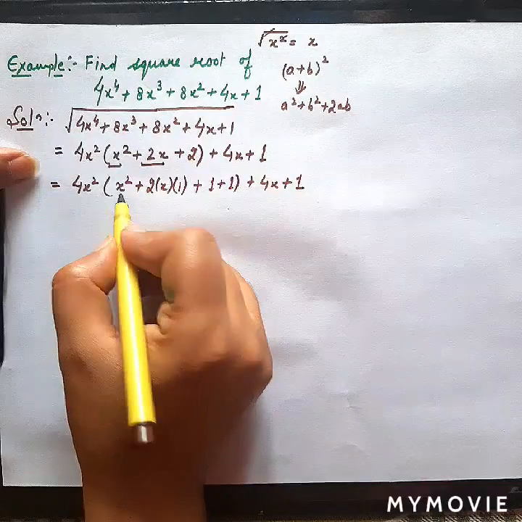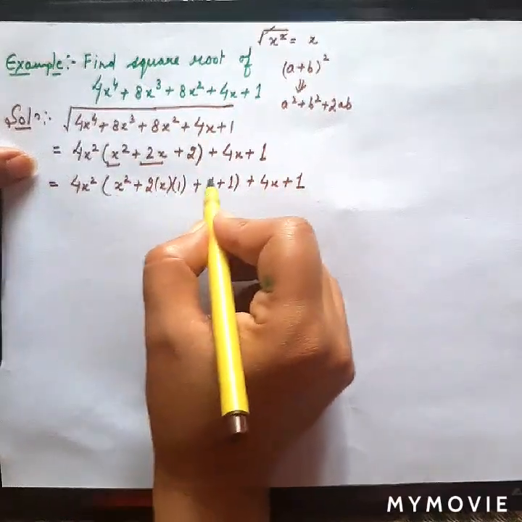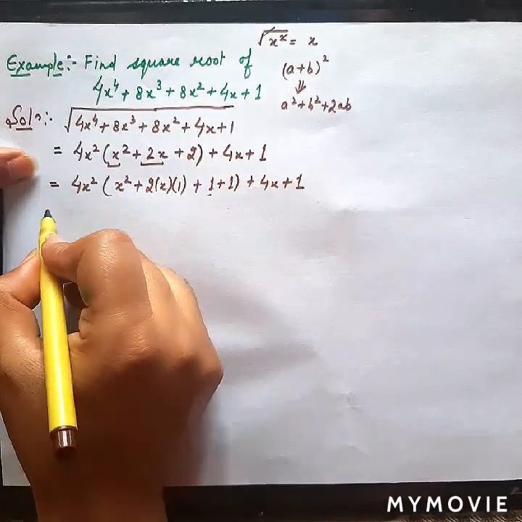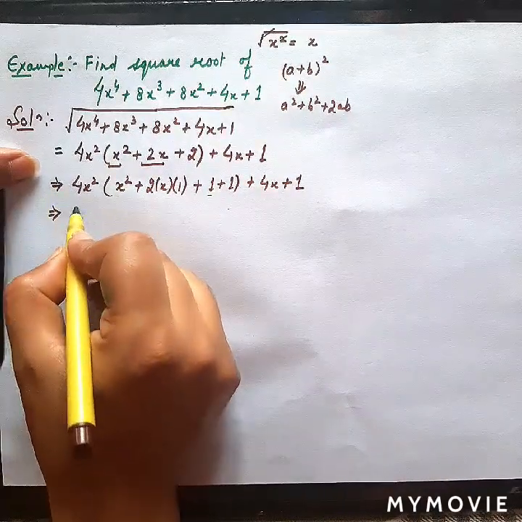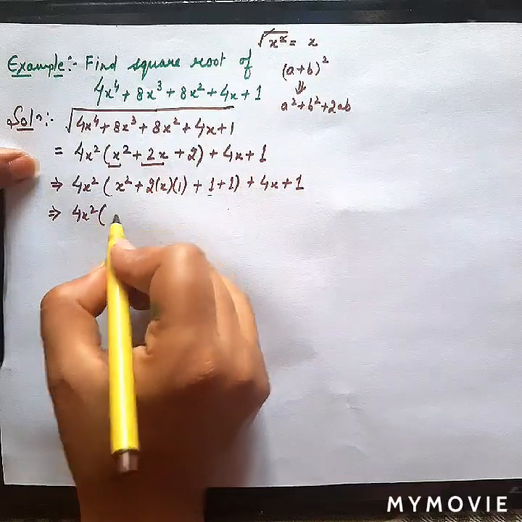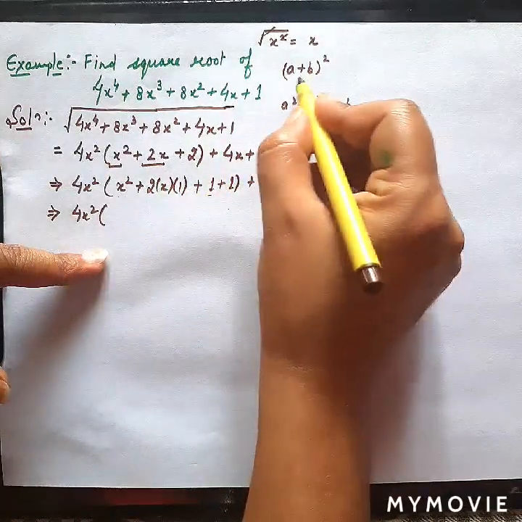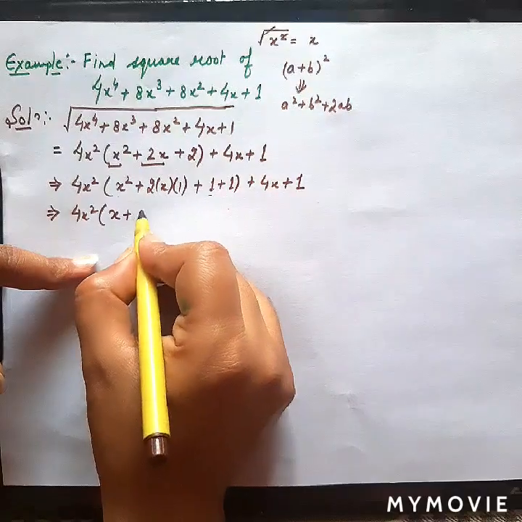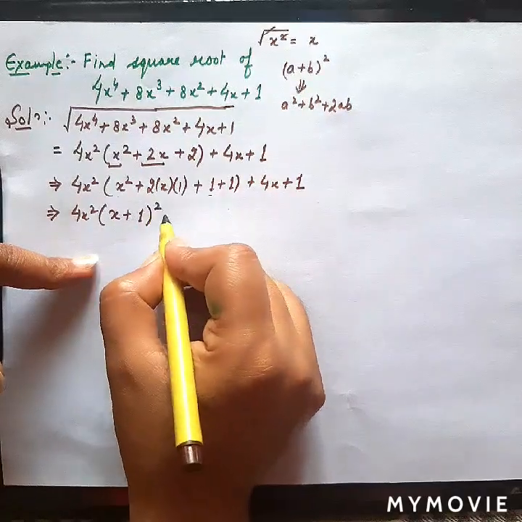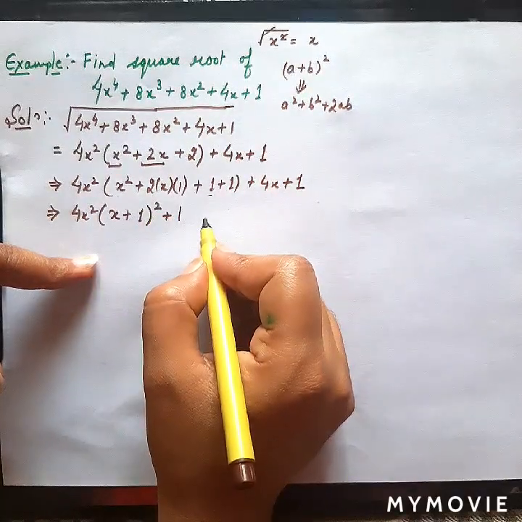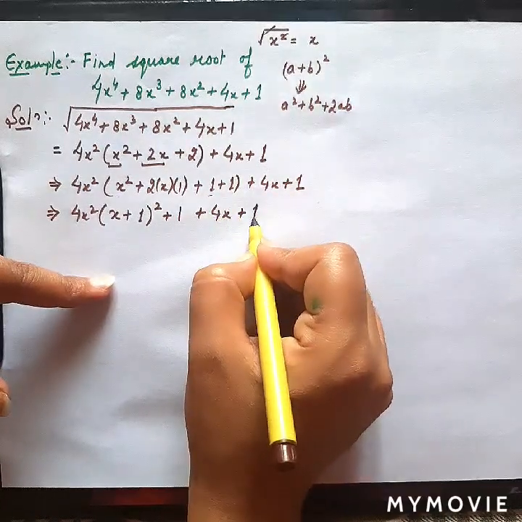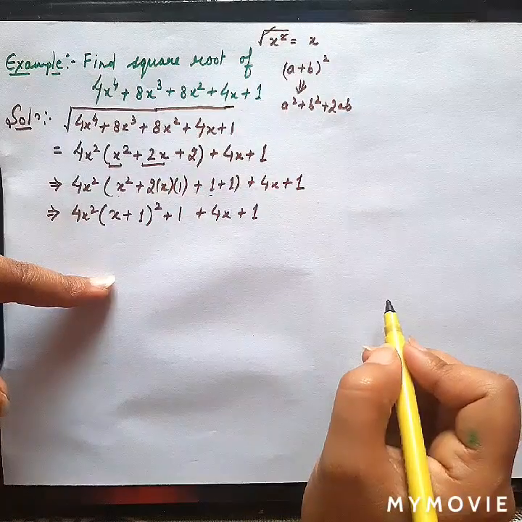This is a^2, b^2 because 1 can be written as 1^2, and this is 2ab. So this becomes 4x^2 (x + 1)^2 + 4x + 1, right?